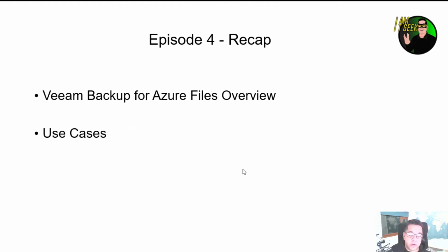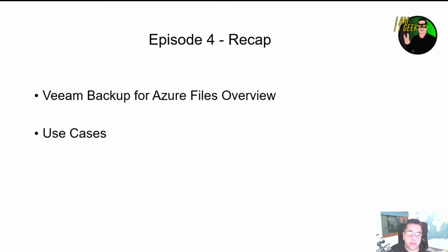Once we did an overview, we then discussed some use cases, and there were 3 use cases that I focused on. The first one was simply backing up your data that's stored on Azure Files. So if you've already got file shares, or if you're using Windows Virtual Desktop, for example, and you've got your user profiles in Azure Files, simply backing those up using your Veeam server was the first use case. Next we looked at storing offsite backups for Azure NFS 4.1 file shares, like in a different region, or a different type of media, i.e. blob storage.